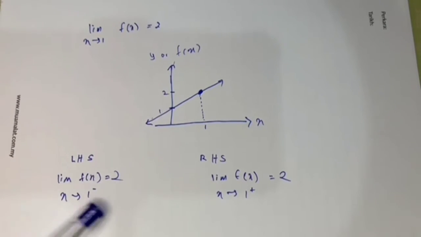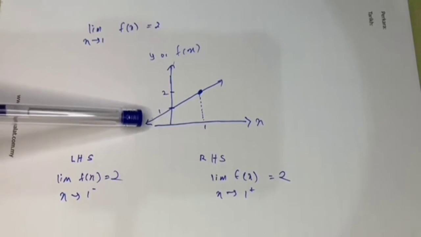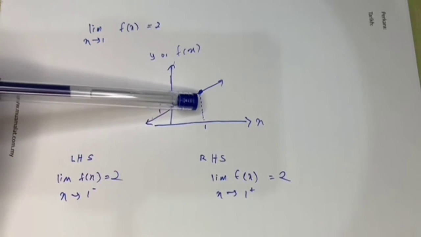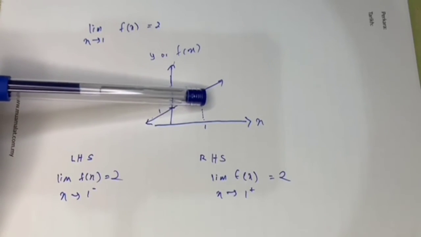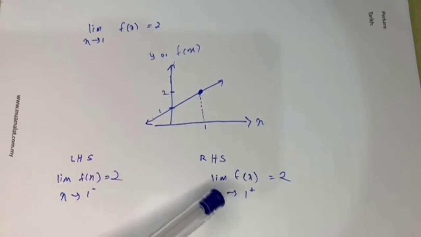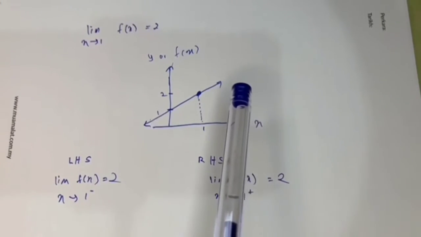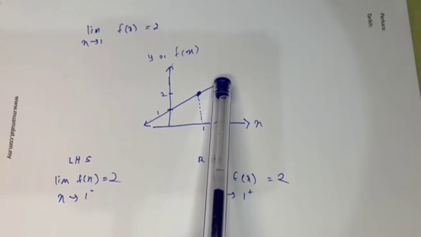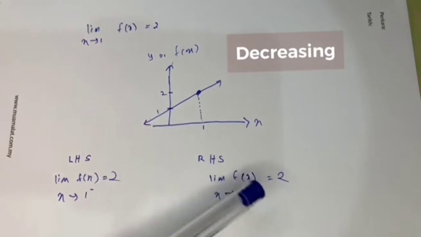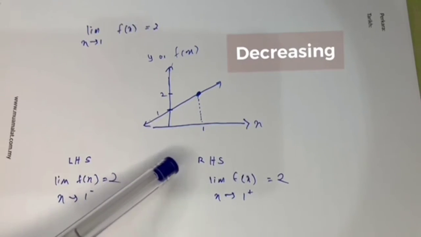From the left hand side, from the graph, as x approaches 1, the graph is increasing, approaching 2, so the value is 2. And the right hand side, we can see that as x approaches 1, the graph is increasing and the value is 2. So we can say that the limit exists.